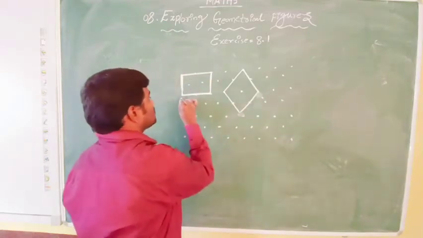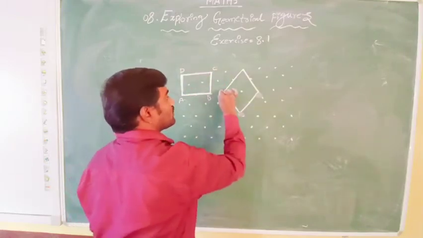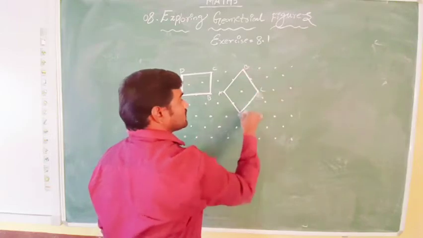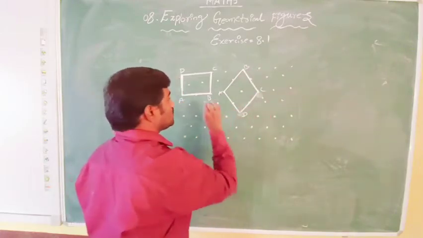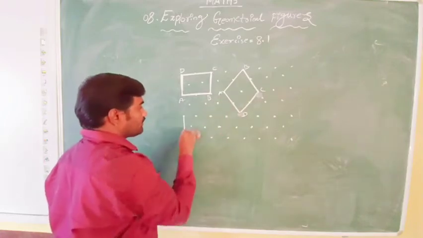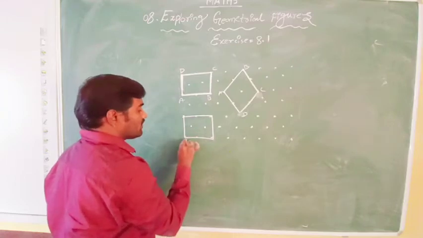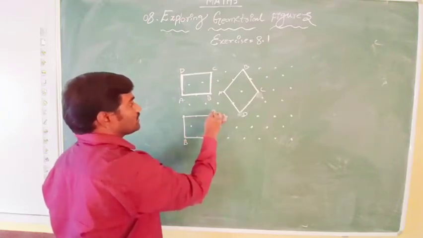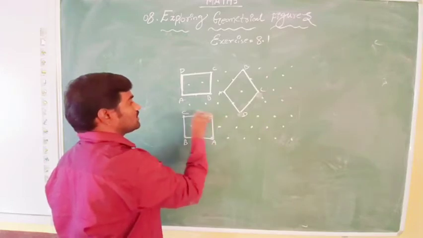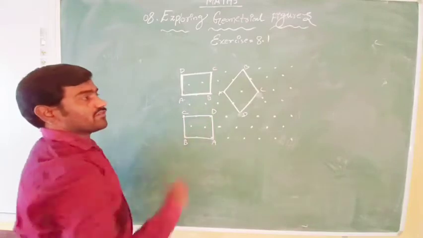Suppose it is A, B, C, D, and we have one here, A and B and C and D, and then its mirror image. Just go for the mirror image of it. B, A here, C and D you get. This is the mirror image of it.